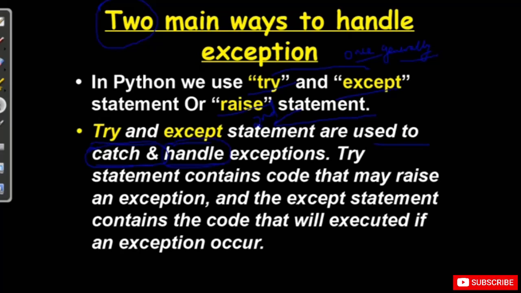An except statement contains the code that is going to execute if the exception occurs. So we always keep a backup plan. If you have a good backup plan for an emergency situation, you never run out of ideas. So these are the two ways to handle the exception.